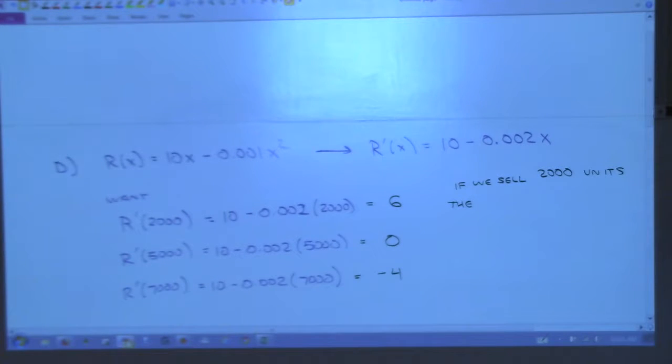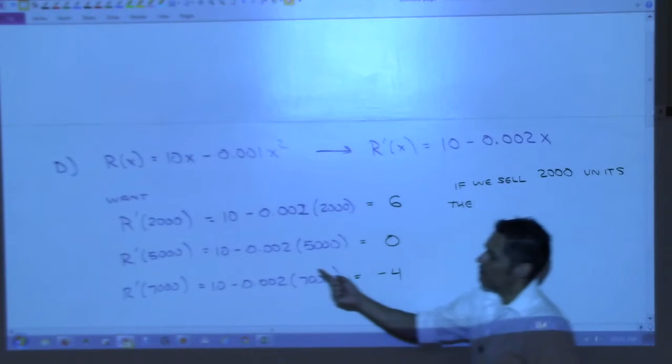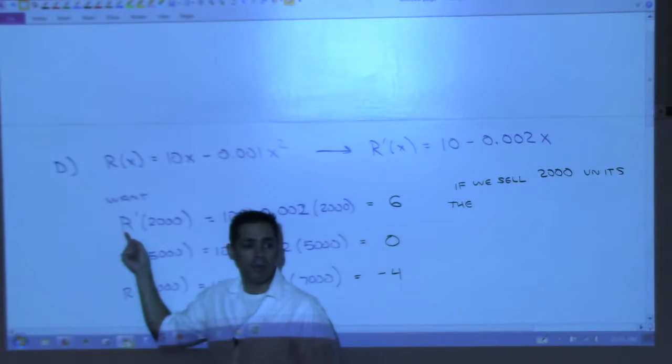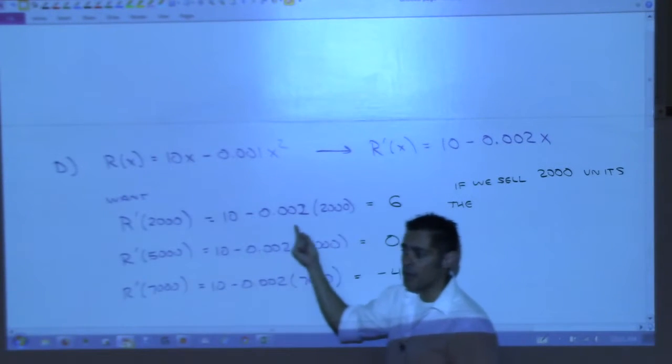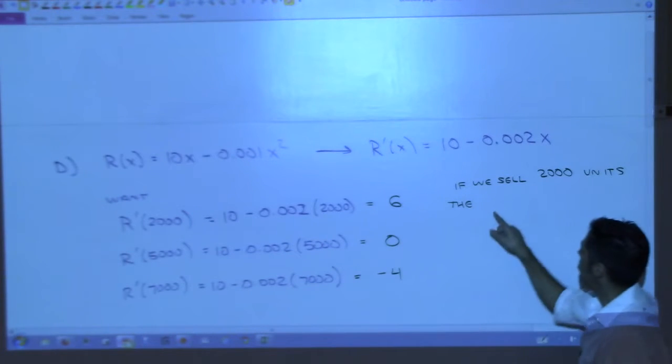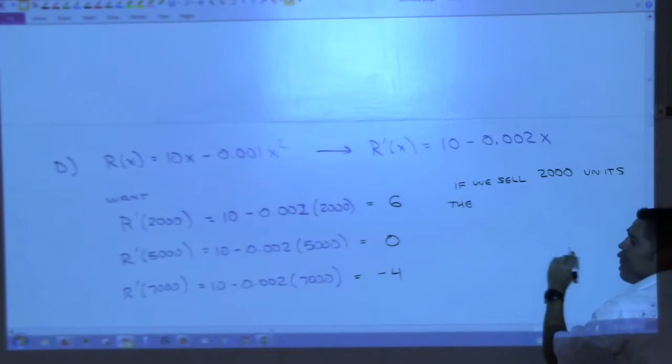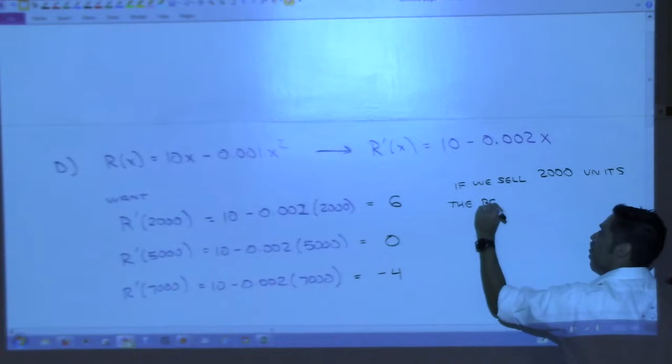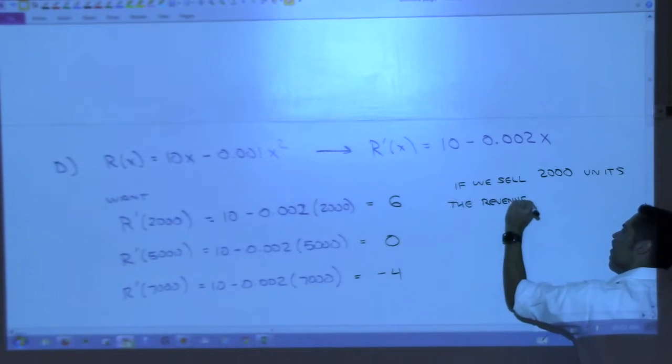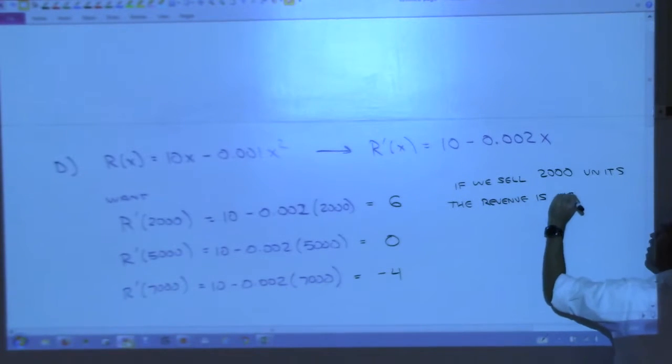What's increasing? What is R? Okay, R prime is the change in revenue, right? So this is saying that our change in revenue is 6. So this means that if we sell 2,000 units, the revenue is increasing.